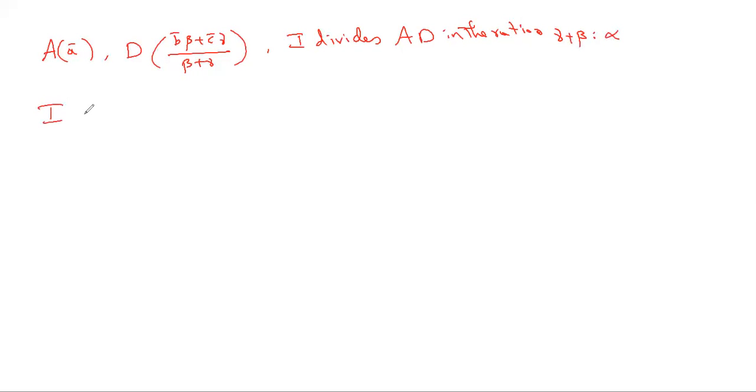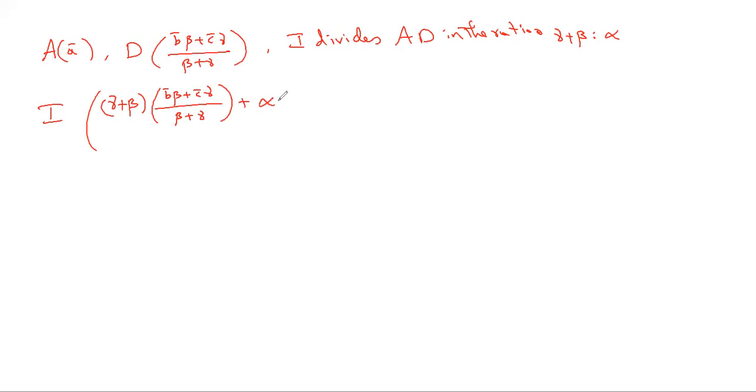Again, the same section formula. Therefore, the I coordinates are, what is that? MB bar. The M is the first number in the ratio, gamma plus beta, into B bar, the second vector. So B bar beta plus C bar gamma by beta plus gamma, MB bar plus N A bar.